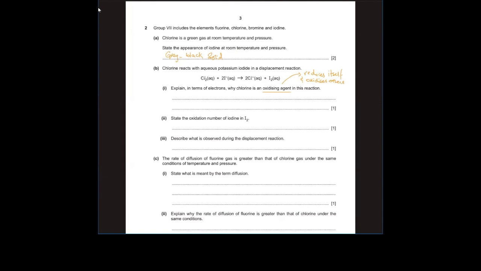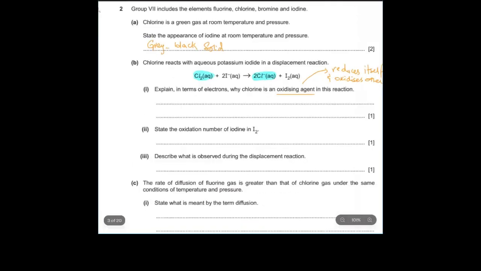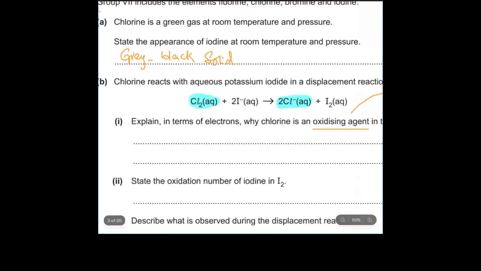Okay. So here they are asking why chlorine is an oxidizing agent. So chlorine is here, and here it... Let me zoom it in. Here we can see that as it is in its elemental form, its oxidation state is 0.